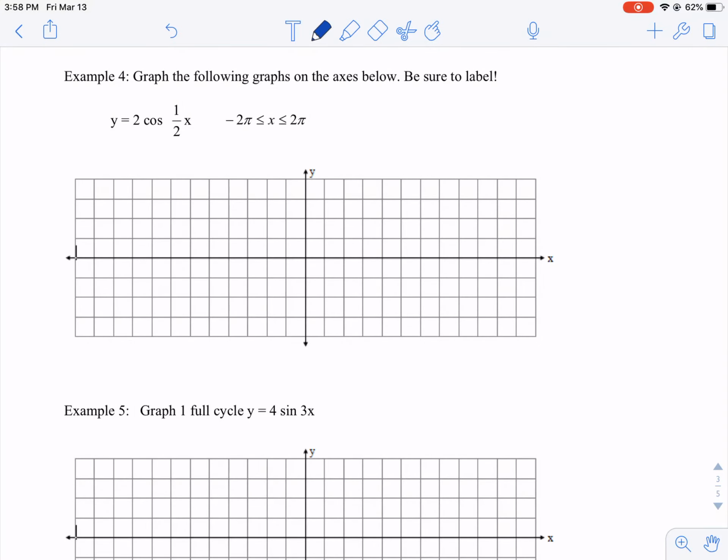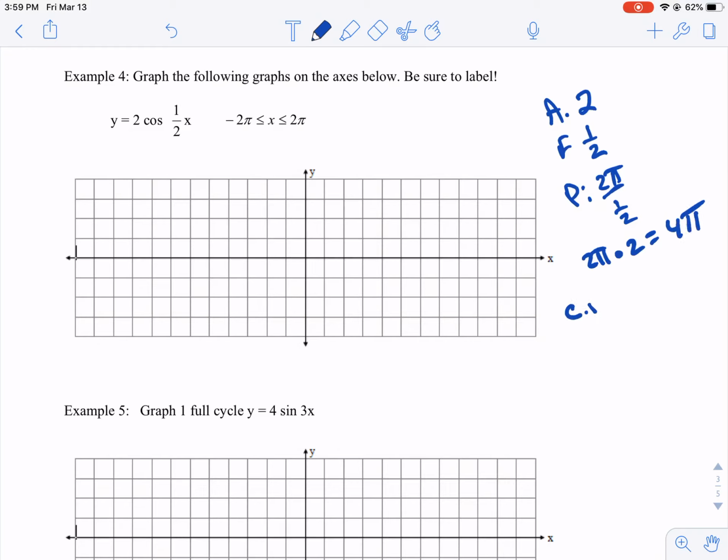All right, so for number 4, the amplitude is 2. The frequency is 1/2 because it's in front of the x. So the period is 2 pi divided by 1/2. Keep it, change it, flip it. So we have 4 pi.